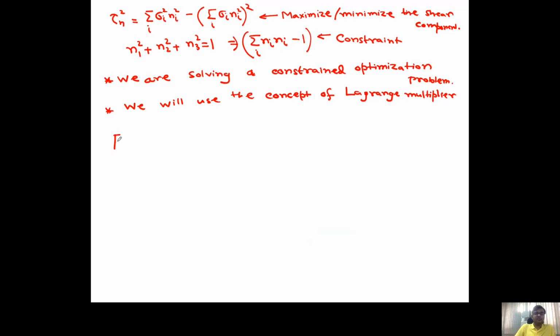Let us say it is f, and f is first the actual objective function: summation i sigma i square ni square minus summation i sigma i ni square, all squared.